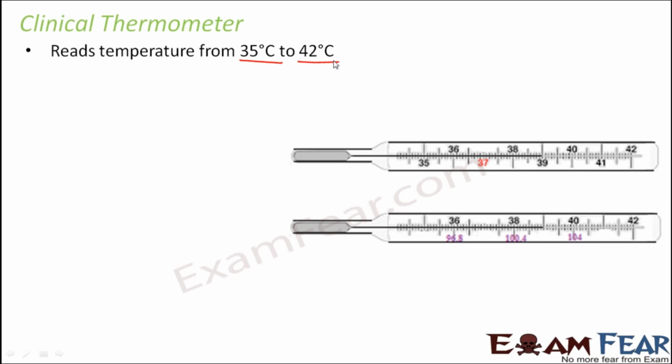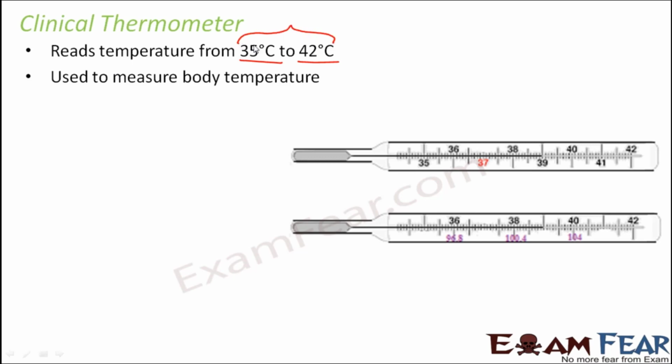It doesn't read over a longer range, because the Celsius scale can even start from 0 degrees Celsius, or even from negative values. But here it is just from 35 degrees to 42 degrees. Do you know why? Because this thermometer is used to measure human body temperature, and normally the human body temperature lies within this range.